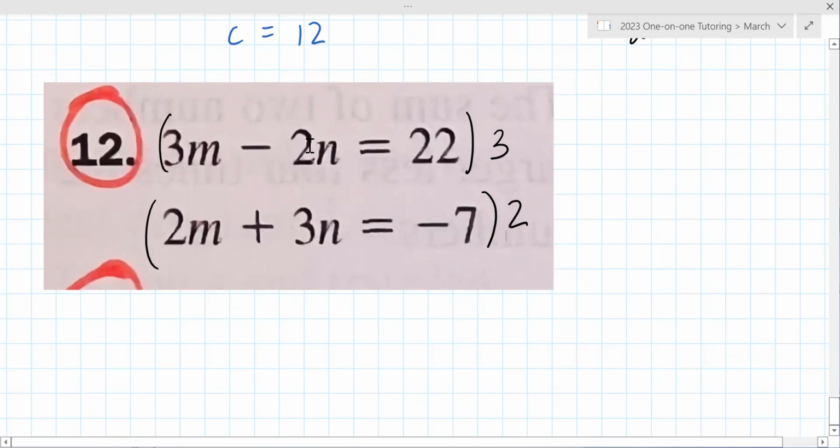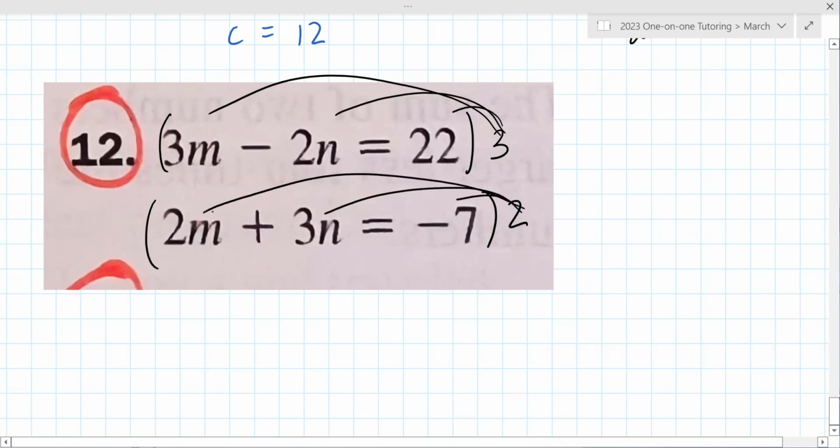What you're doing is, because these are already opposite in sign, that's what you're looking for. They cancel when they're opposite in sign. So you'll see that when we multiply everything by the 3 and then everything by the 2. So it's 9m minus 6n equals 66. Then we're going to multiply everything by the 2. So that's 4m plus 6n equals -14.